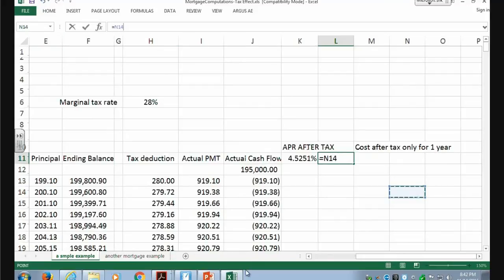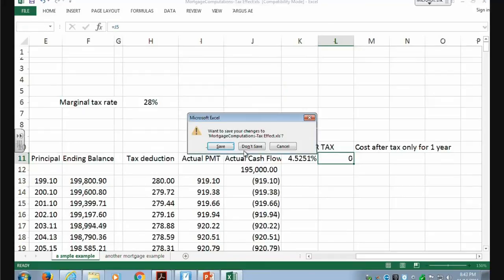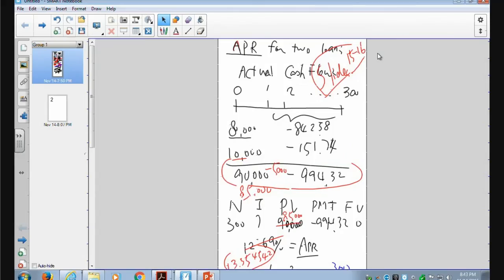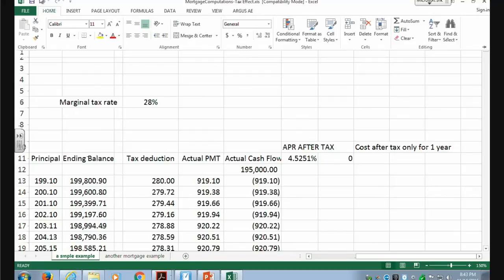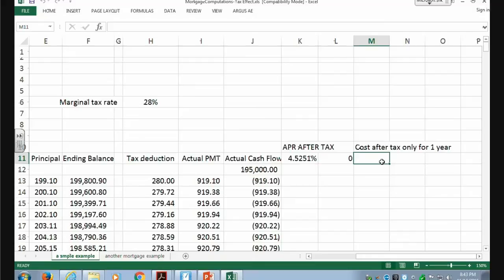Okay, don't save it. I think Excel is different compared with the Excel on my computer.